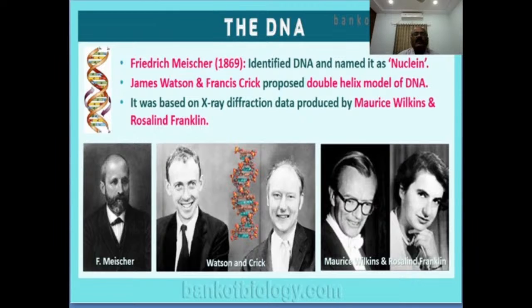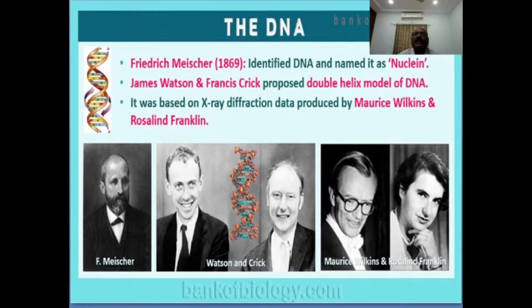It was based on X-ray diffraction data produced by Wilkins and Franklin. That means Maurice Wilkins and Rosalind Franklin. So, when we observe the innovations, Frederick Miescher identified and named it nuclein.